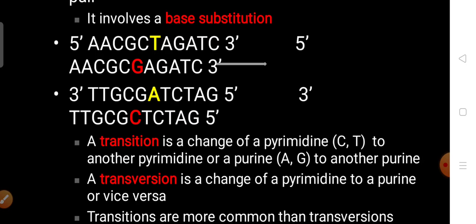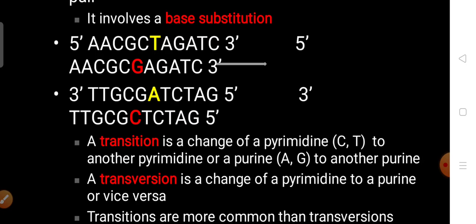If the original base in the chain was A, then there was AT pairing. Now if the base A is substituted by G, then AT pairing will change to GC pairing, because against G in the new strand, a complementary base C will be added. So in the nucleotide sequence there will be change in one base pair: originally it was AT, now it changes to GC.